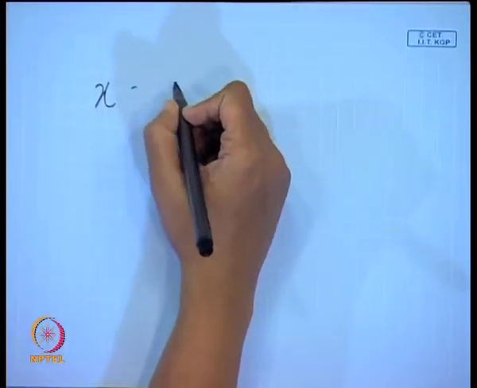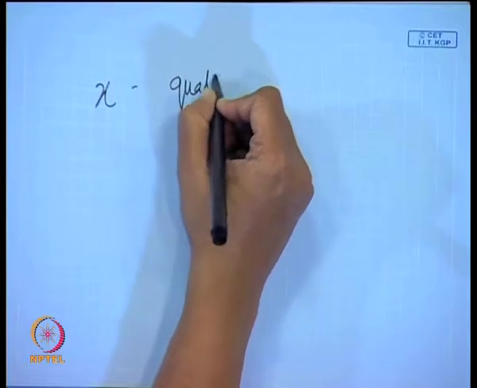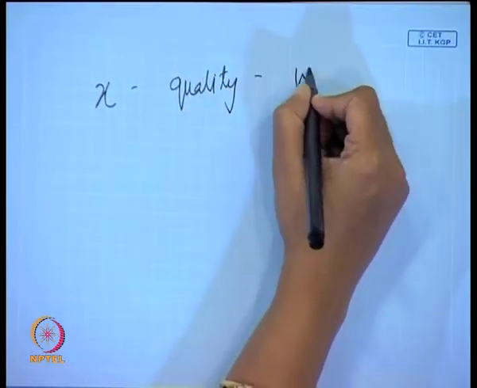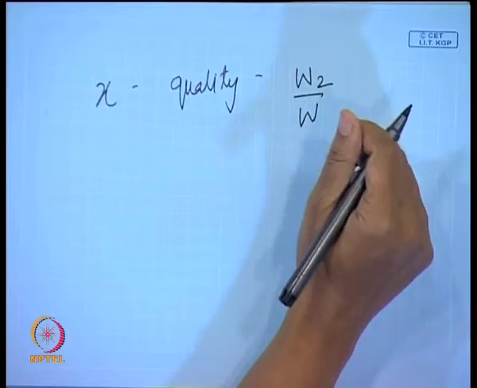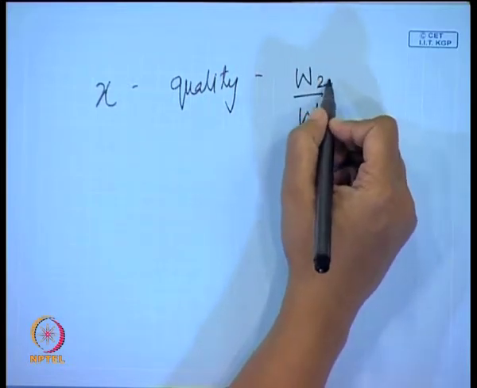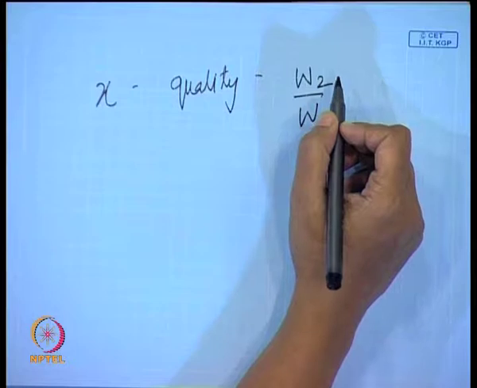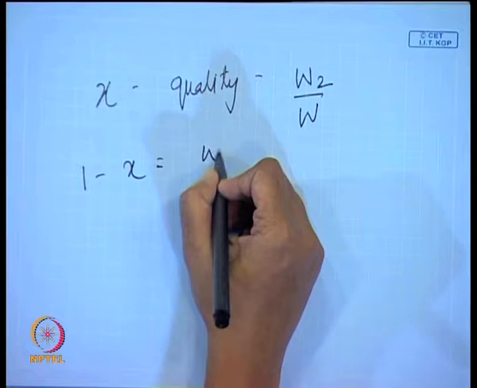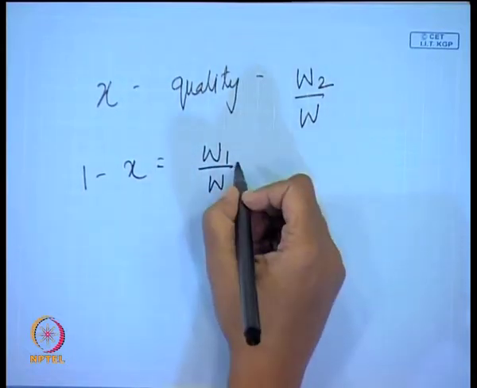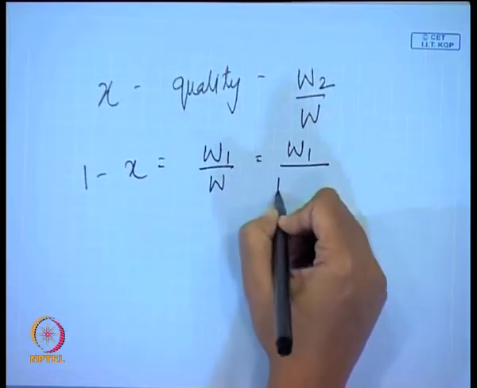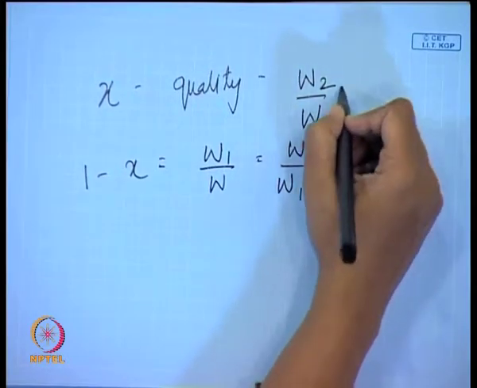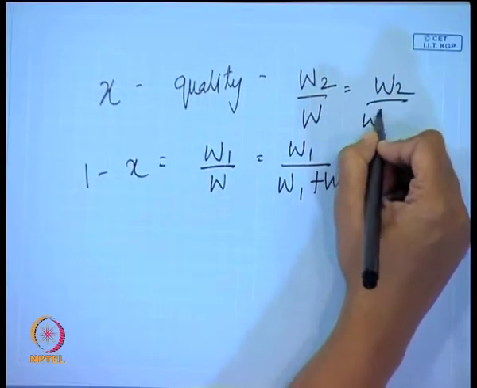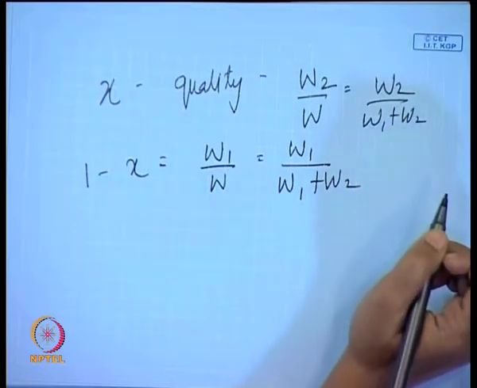From thermodynamics, we know that usually the mass fraction is defined as quality X, where X is nothing but W2 by W, where you remember 2 is the lighter phase or the discontinuous phase, it usually refers to the vapor phase or the liquid phase in this particular condition, and 1 minus X is naturally W1 by W, we can write it in this particular way.